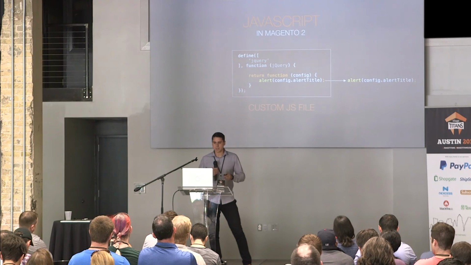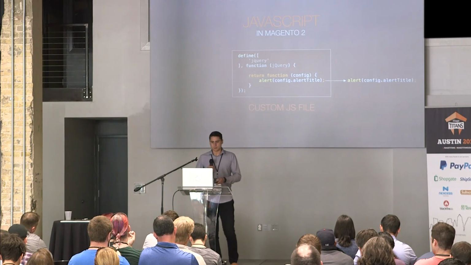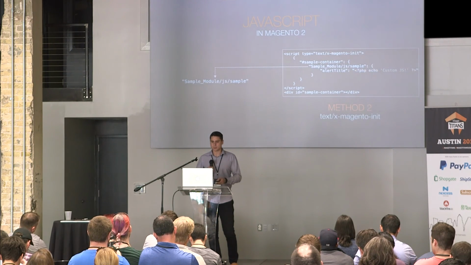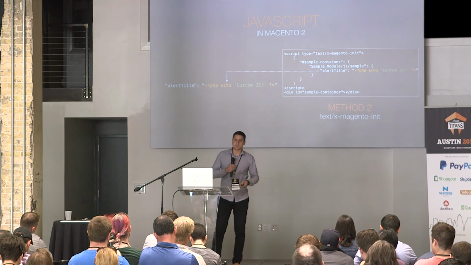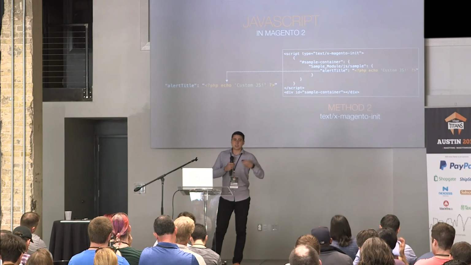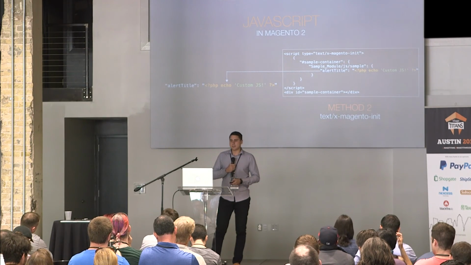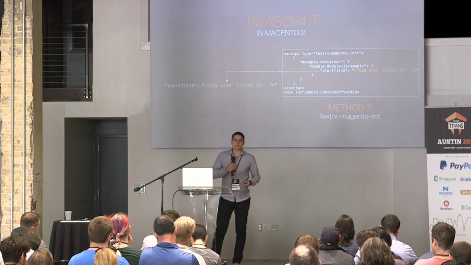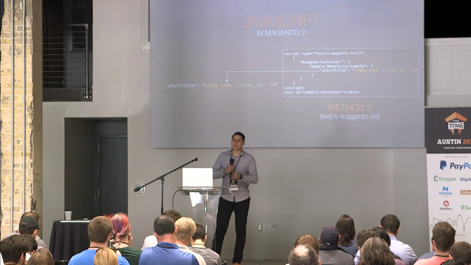RequireJS. Then we add the custom logic for the JS file, and we can get the arguments using the config parameter. So if we go back to the previous method, you can see that we are passing alert title, and here we can get that value. So since this is a template, you can pass basically anything from Magento, from the blocks, using PHP.